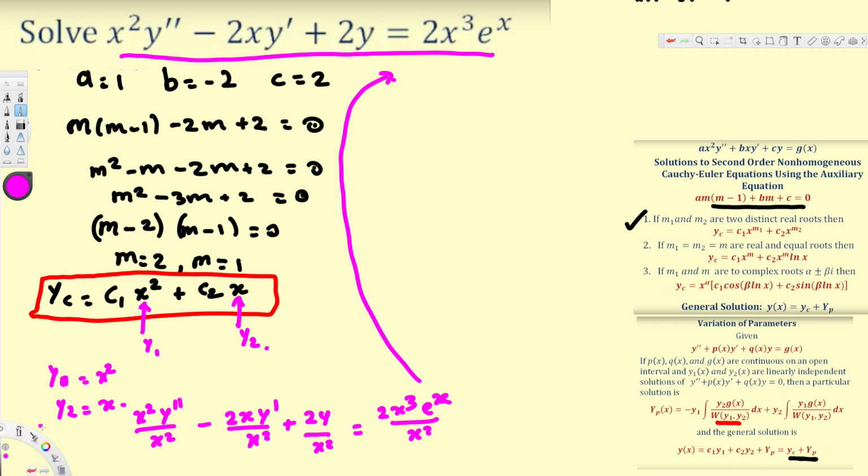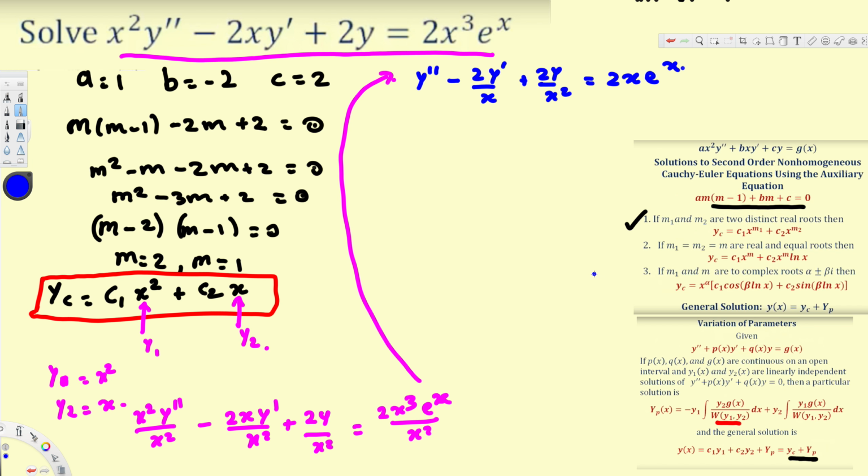If you do that, you will get y double prime minus 2y prime over x, plus 2y over x square is equal to 2x e power x. Okay, this is what we have right here.